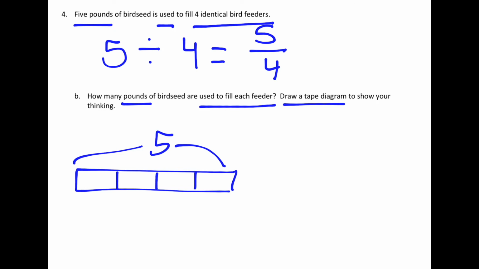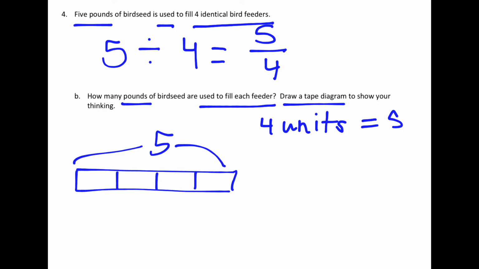Follow along with me. We have 4 units, and it equals 5. Just like I said here, guys. We have 1, 2, 3, 4 units, and it equals 5.